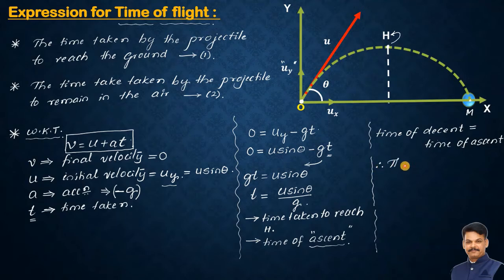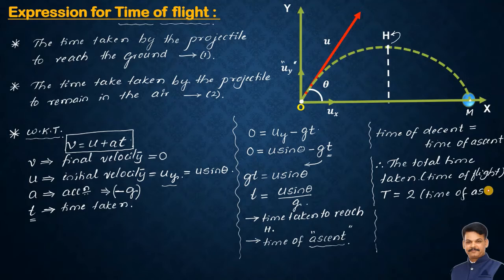Therefore, the total time taken, which is nothing but time of flight, can be written as 2 times the time of ascent. I can write it like this because both ascent and descent are equal.